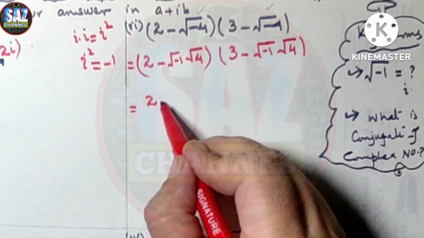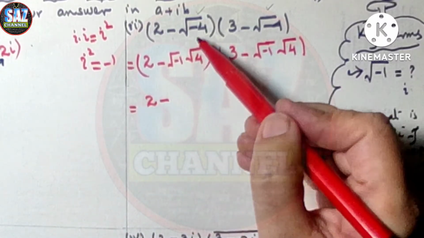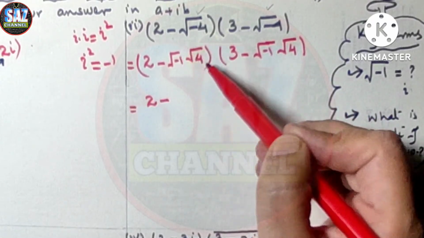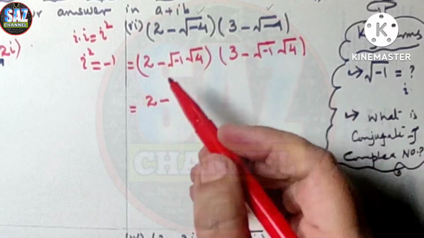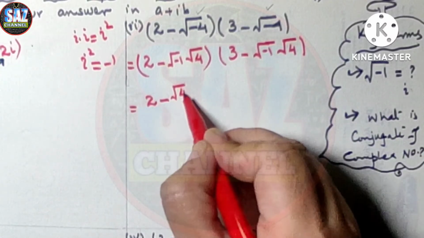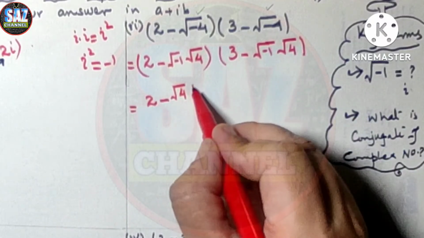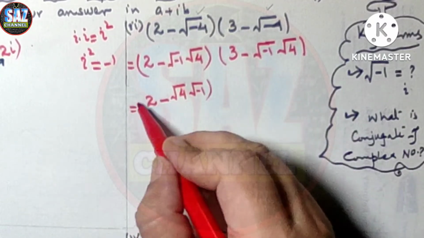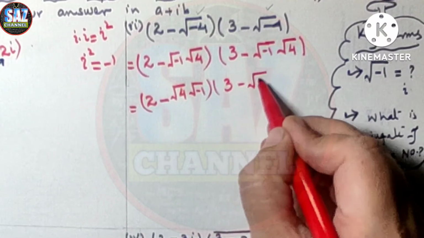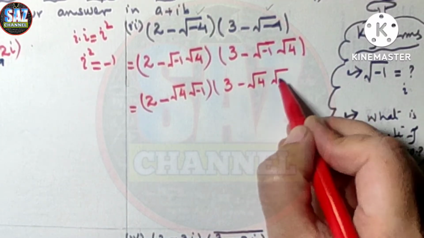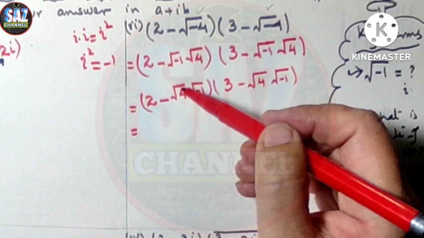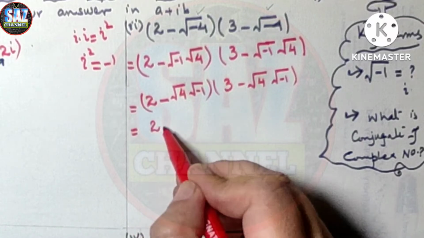2 minus, and under root 4 is a perfect square. When I take the square root of this, I can write it in this way, and under root minus 1 I am rearranging here. 3 minus under root 4 into under root minus 1. 4 is a perfect square, so it can be easily taken out.